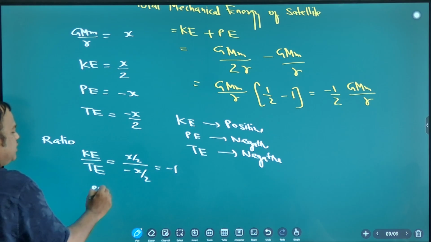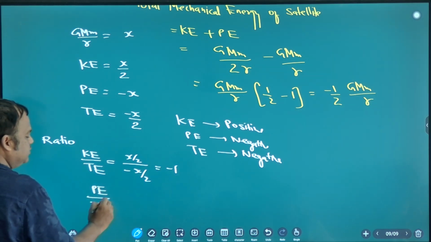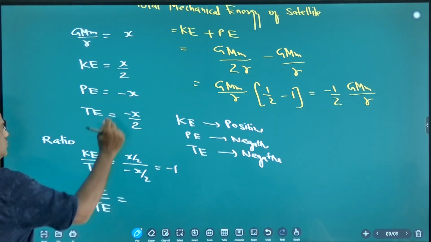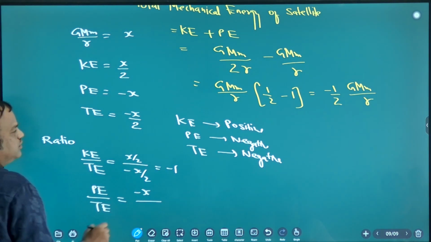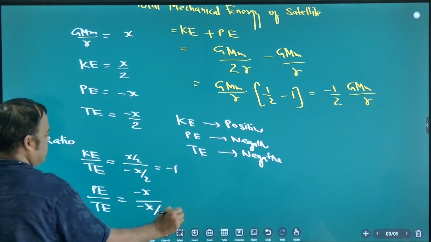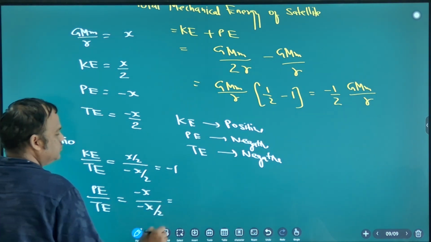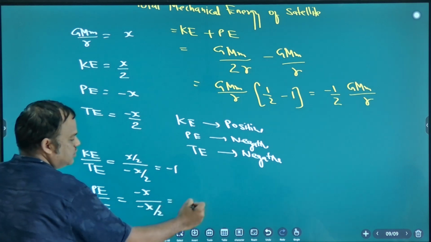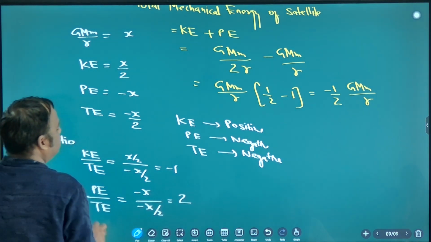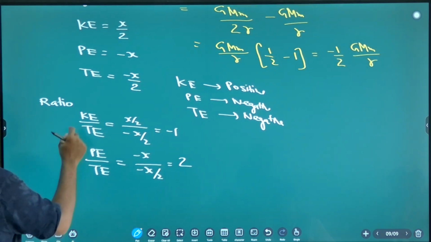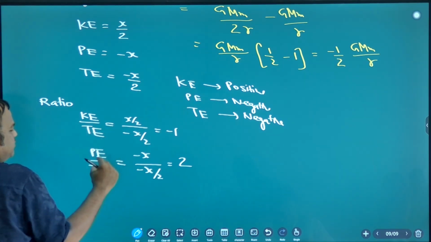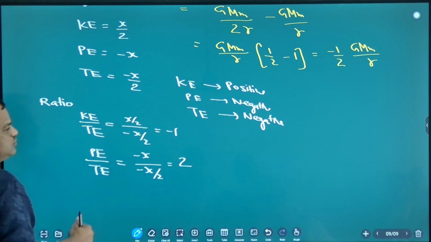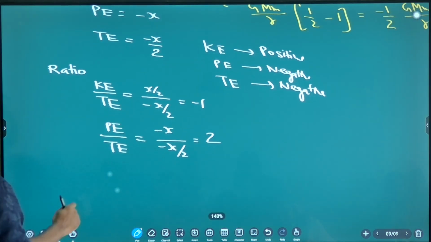Then potential energy by total energy: minus x divided by minus x by 2, how much? 2. Correct. So kinetic energy by total energy is minus 1, potential energy by total energy is 2. Memorize this.